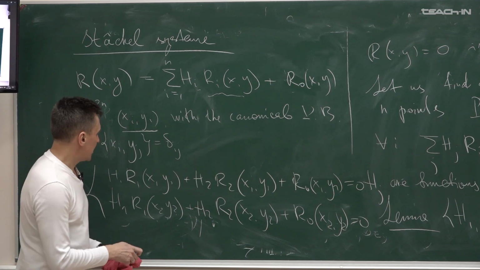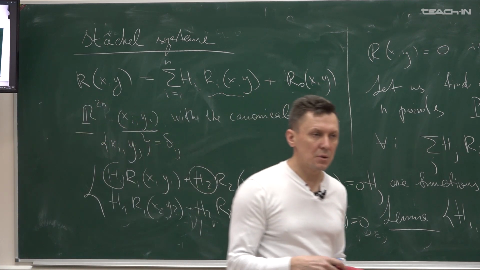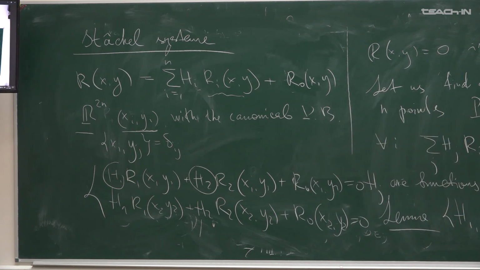But now it's a linear system on H1 and H2. And for general choice of polynomials, it gives the unique solution.